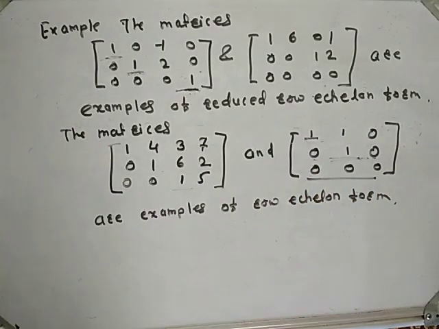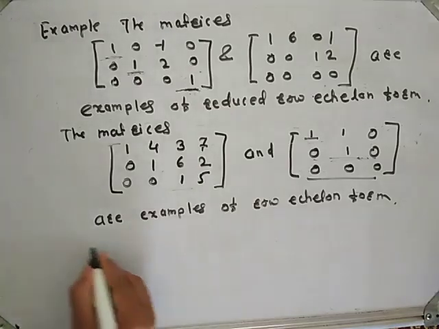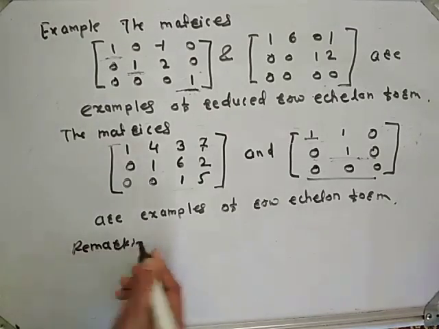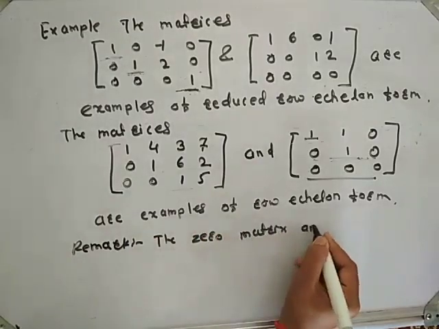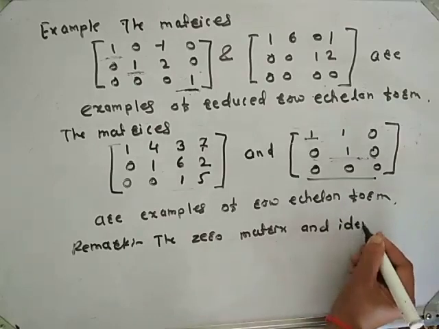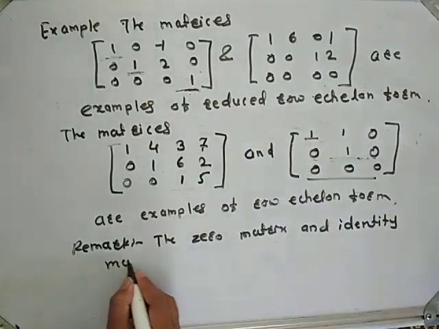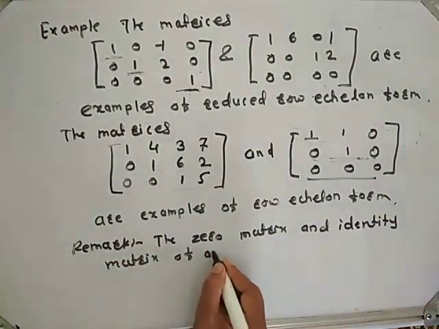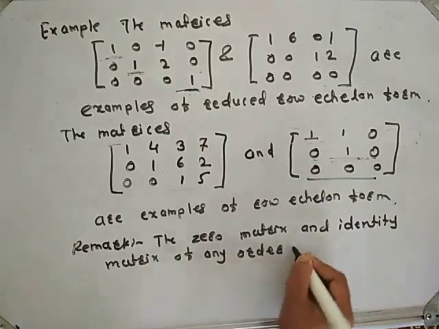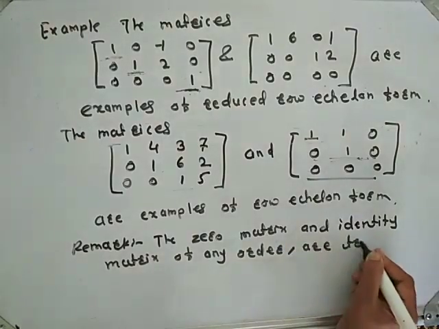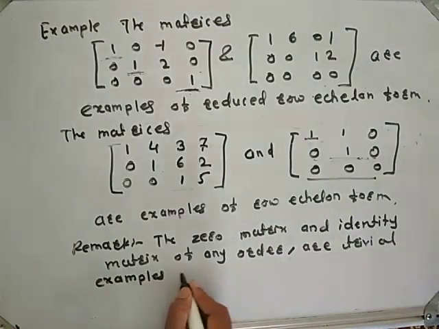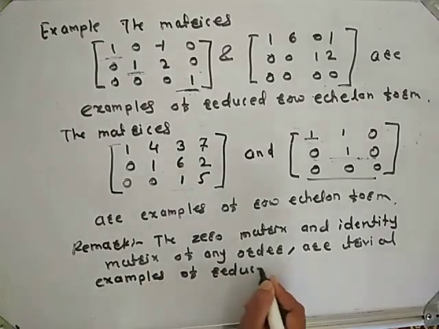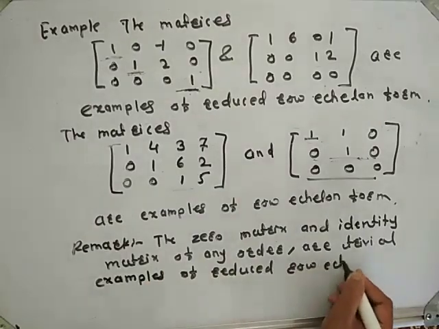Let us write down one remark. The remark is: the zero matrix and identity matrix of any order are trivial examples of reduced row echelon forms.